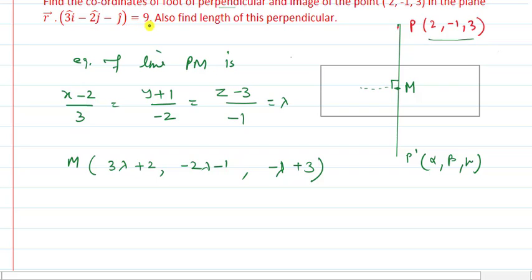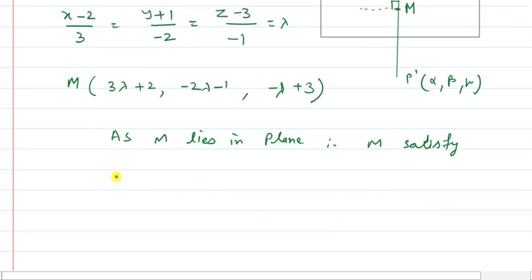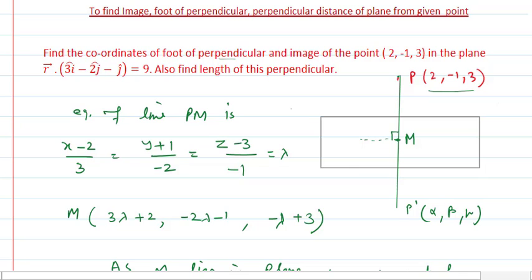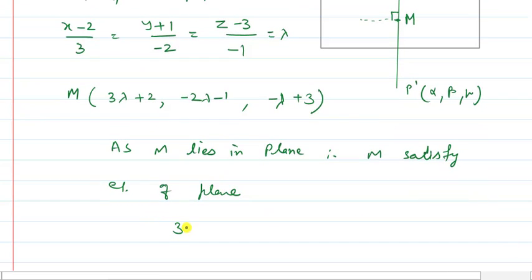So let me write, as M lies in the plane, therefore M satisfies the equation of the plane. Let me write the equation of the plane in Cartesian form. It is 3x minus 2y minus z is equal to 9.